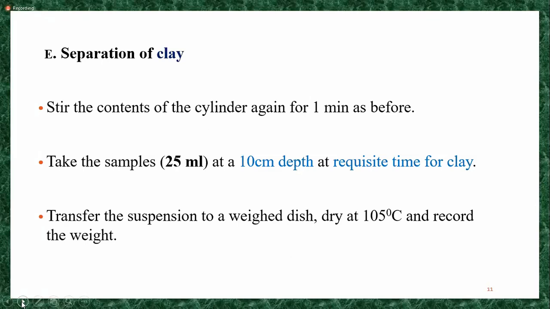This sample you have to take after 6 hours and 56 minutes. Earlier you took the sample after 4 minutes and 10 seconds. Then you have to allow 6 hours and 56 minutes, and only then take 25 milliliter of sample. Did you understand that one?